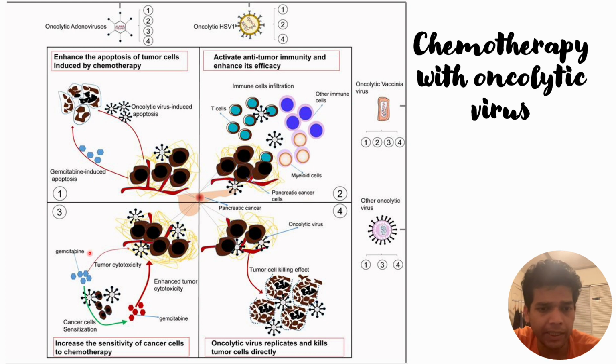The third way by which this oncolytic virus can work is that it can increase the sensitivity of the tumor cells to the immune system.